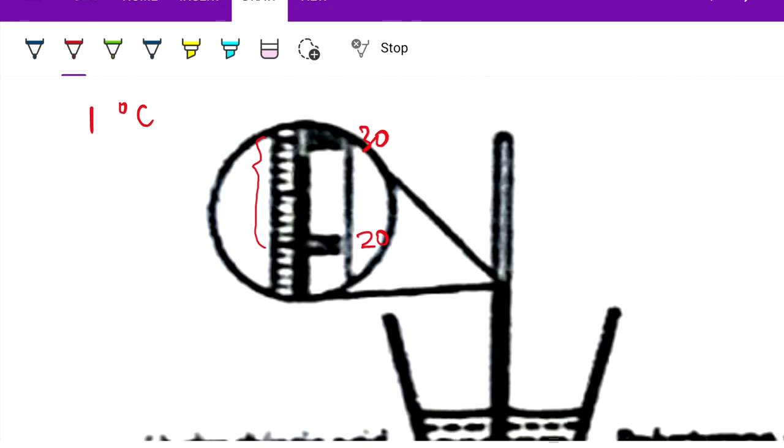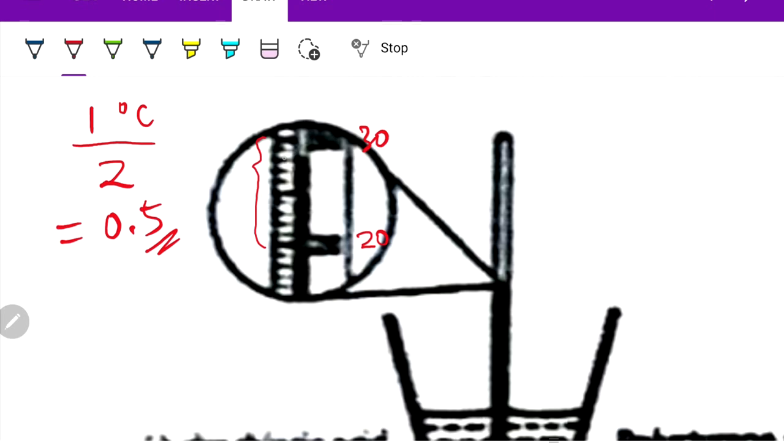How do we get the number of decimal places? Normally we use the smallest scale divided by 2, so you will get 0.5. This means all the readings you get from the table or diagrams, you need to put 1 decimal place.